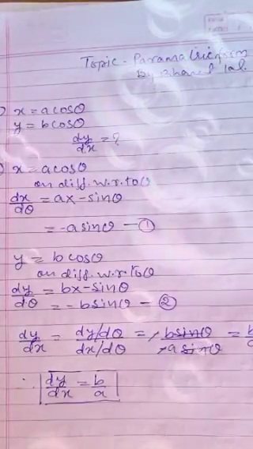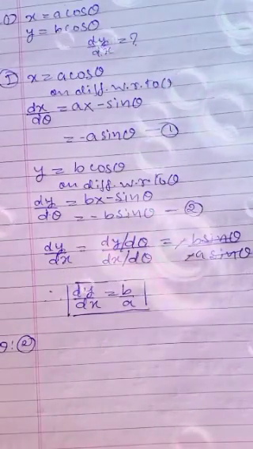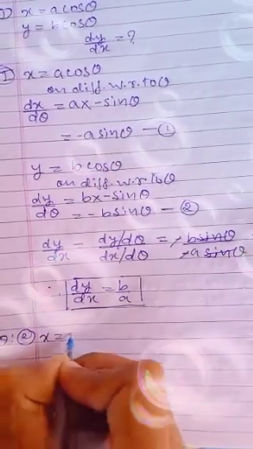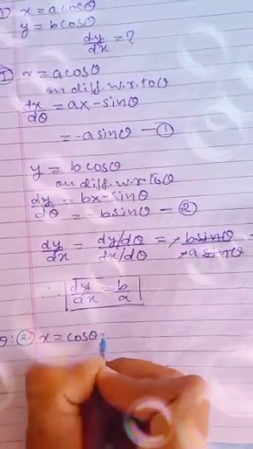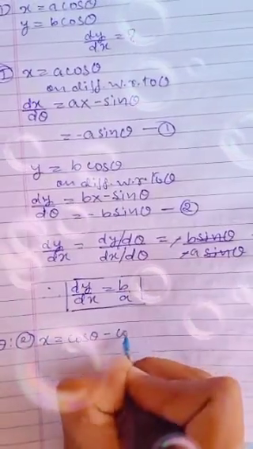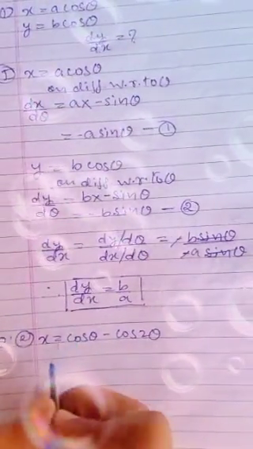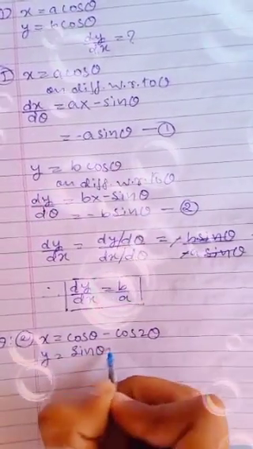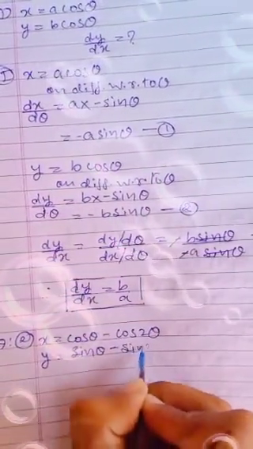Now we will do another example. The second example is x is equal to cos theta minus cos 2 theta and y is equal to sin theta minus sin 2 theta.